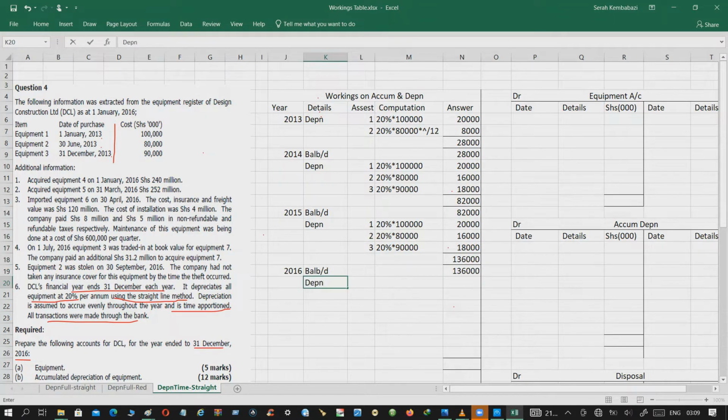And again, we'll have to compute depreciation for all assets we still have in that financial year. We still have asset 1 with us and it has not been disposed of, so definitely the amount won't change. It will still be 20,000.